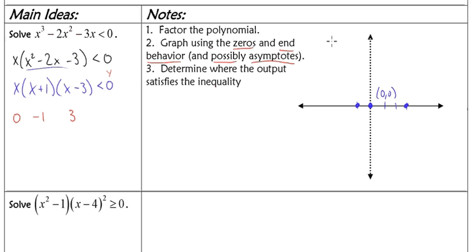Now, if you look back up to x cubed, it's an odd function, so the 3rd degree, and our leading coefficient is a positive number. That means we are going to start at -infinity and head towards positive infinity.